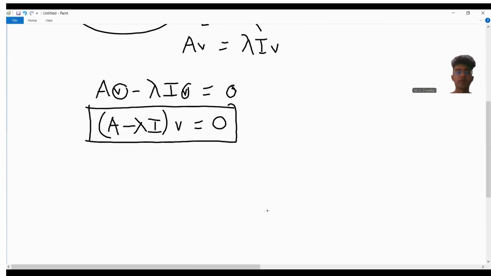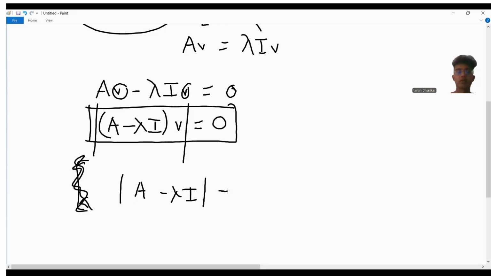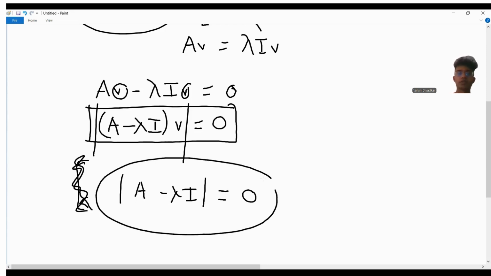Suppose you have a matrix. You have to take the determinant of this. So the determinant of (A minus lambda I) into V is basically 0. So you can just say the determinant of A minus lambda I, and you have to equate this to 0. This will give you the eigenvalues. Suppose you have a matrix A that equals [A, B; C, D].